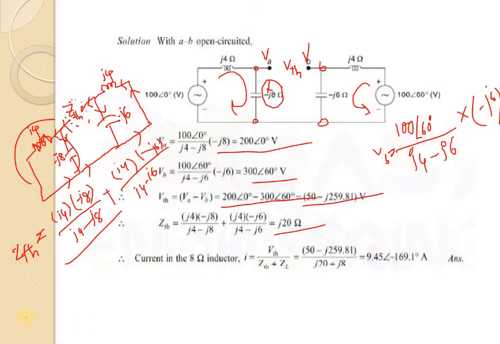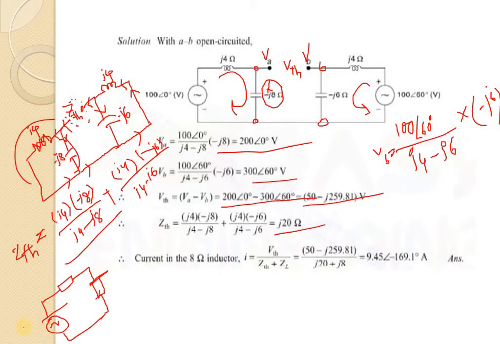So the third step will be we have to draw the equivalent circuit of Thevenin's equivalent. Thevenin's equivalent circuit will comprise a voltage source, Thevenin voltage VTH, then ZTH, then the load. Okay. So Thevenin voltage value we have calculated, that is 50 minus J259.81.